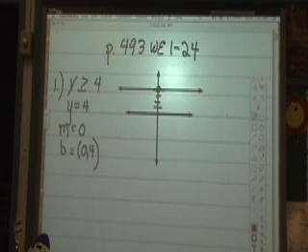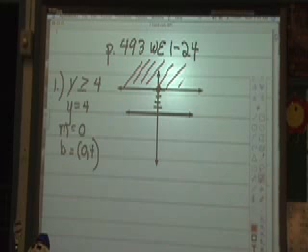Is it solid? Yes, I got lucky there, but I have to watch what I'm doing, because I have to dash it. Shade above. And it is shaded above. So all the ordered pairs above that line and on the line, the y value is greater than or equal to 4.